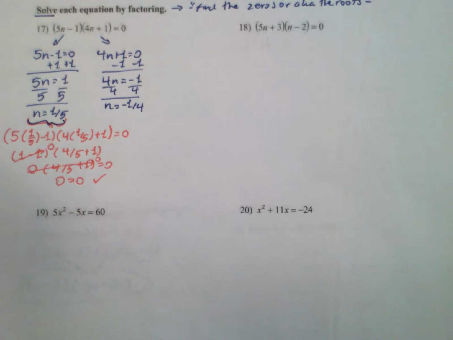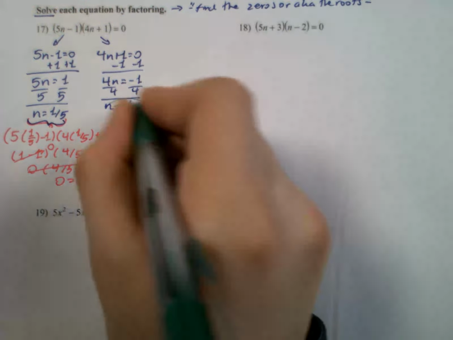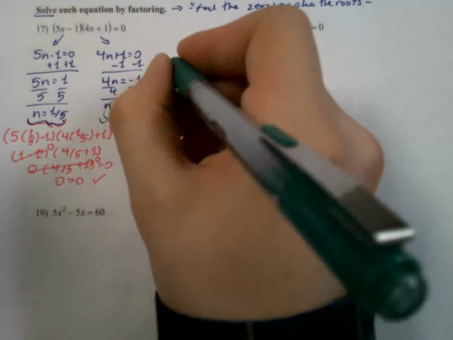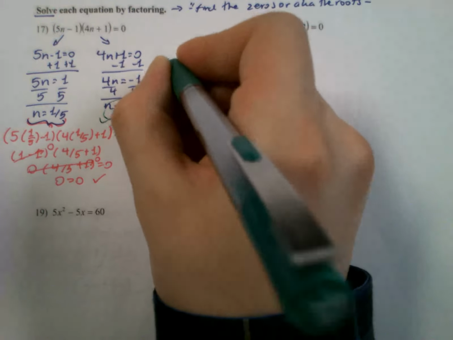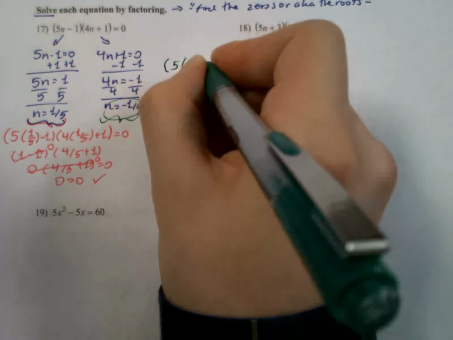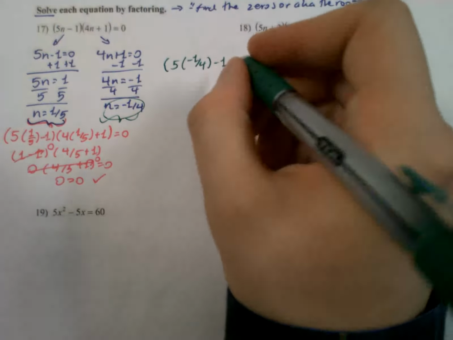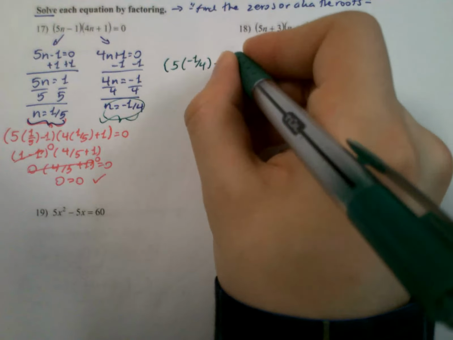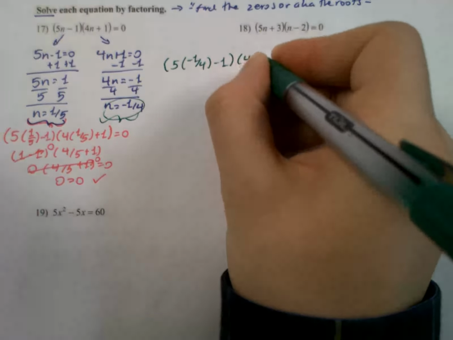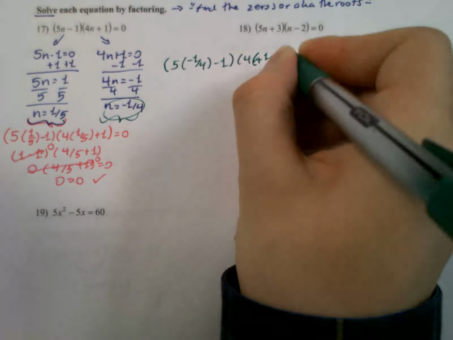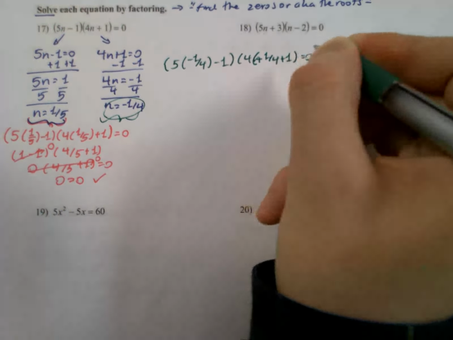If I were to plug the other one in, this guy right here, and did another one, I'll do it over here. So if I had 5 times negative 1/4 minus 1, I'm going to encroach on number 18, but I'm not doing that one anyway, so it's okay. Okay. Times 4n, times negative 1/4 plus 1 equal to 0.